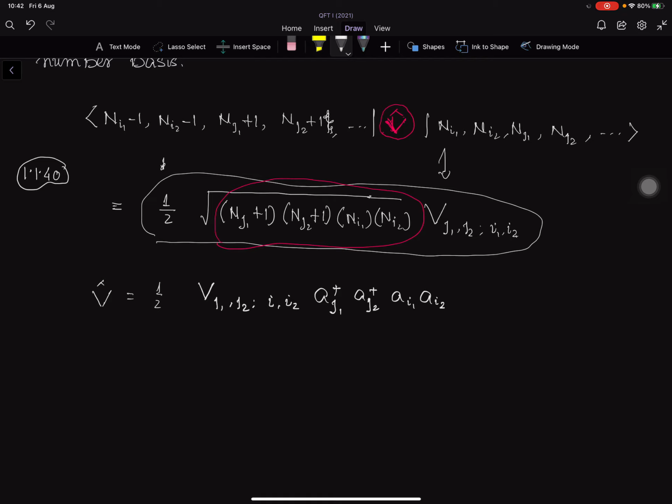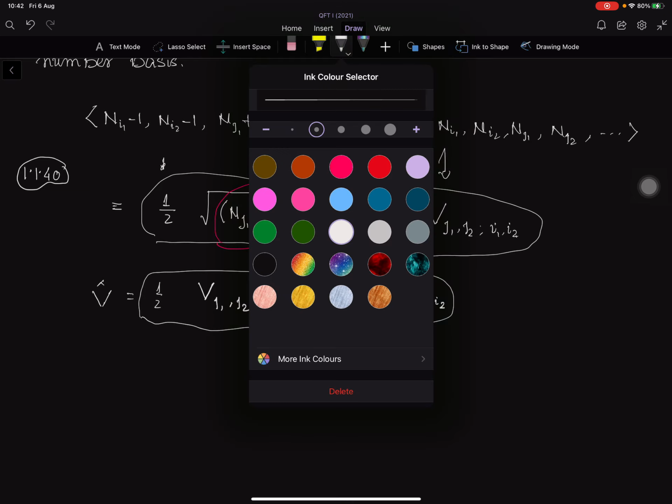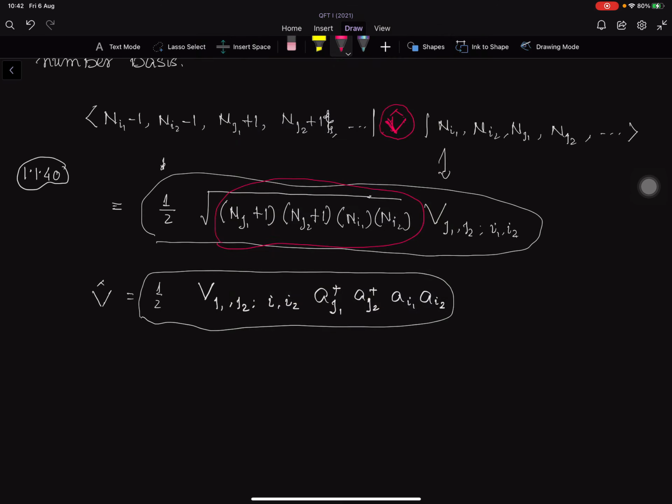This is more like a two particle operator in the occupation number basis.